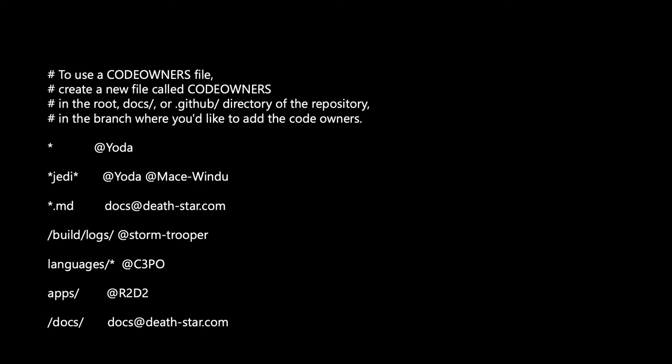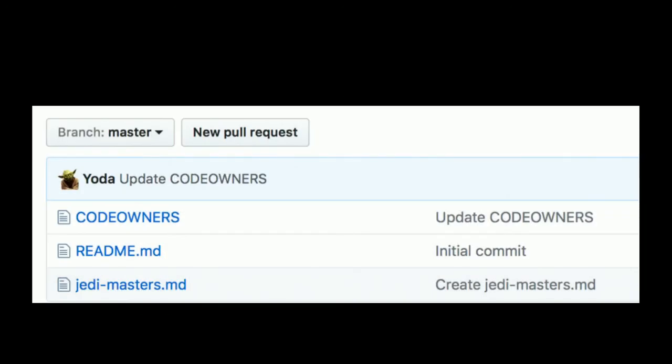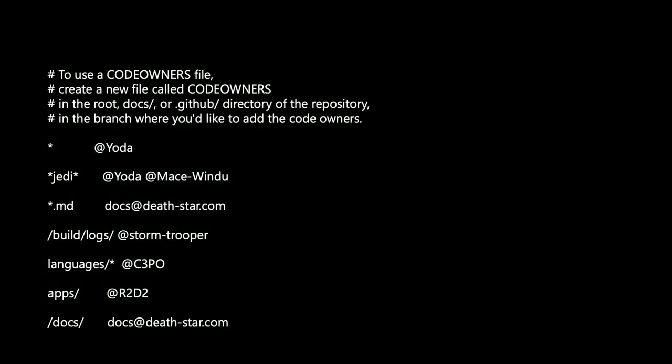Yeah. So the question was what is code owners? Code owners is a file in the repository itself. It looks like this. So it's all capitals, no extension, which is kind of interesting. If we look here in this example, Yoda is going to get code review assigned on everything.